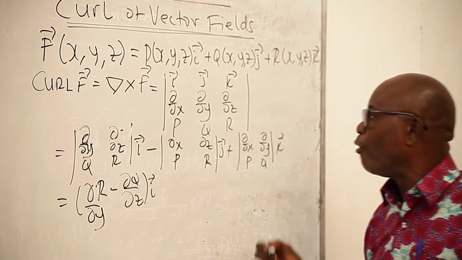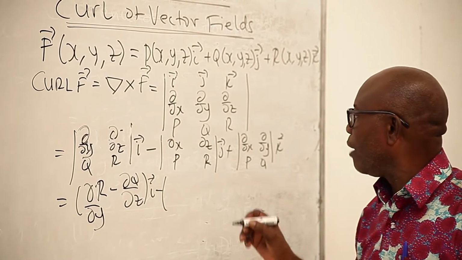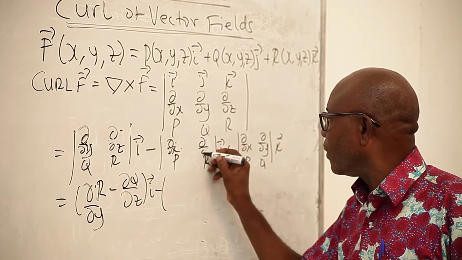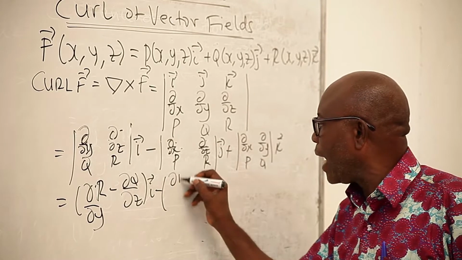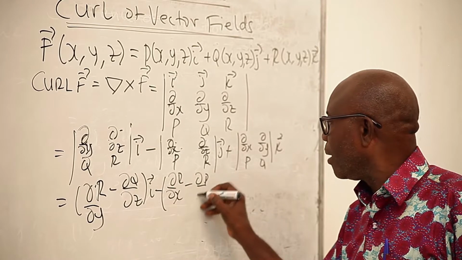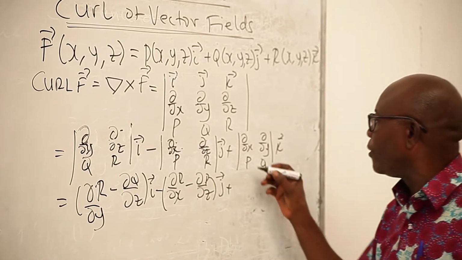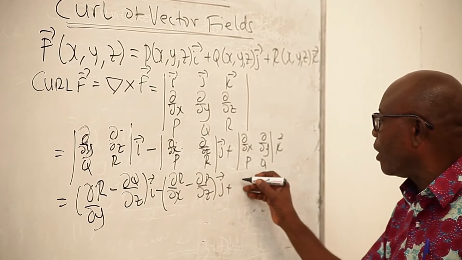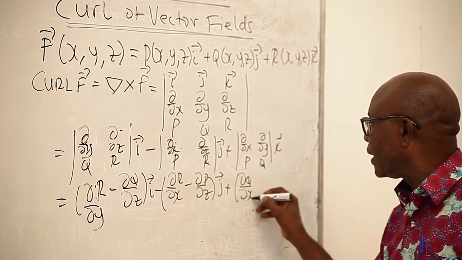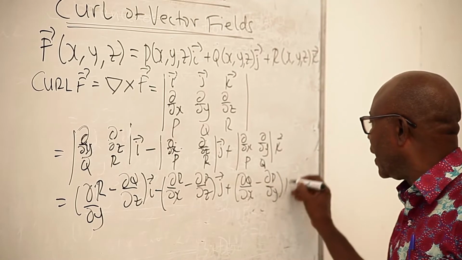For the J component, you have minus, and we have partial R partial x minus partial P partial z in the J direction. The last one, we're going to have this times this: partial Q partial x minus partial P partial y in the K direction.